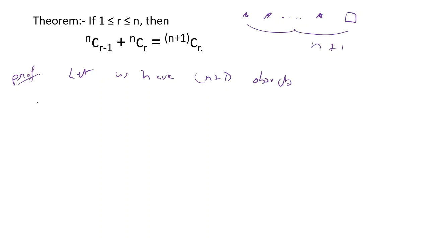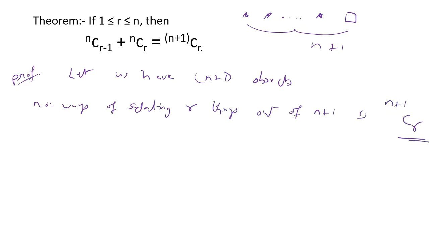The number of ways of selecting r things out of n plus 1 is n plus 1 choose r. This is my RHS.